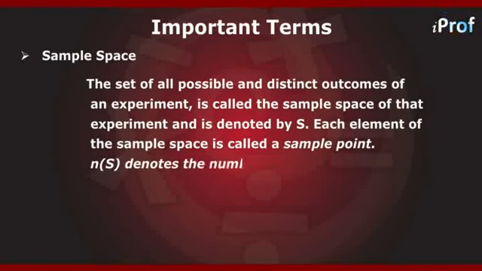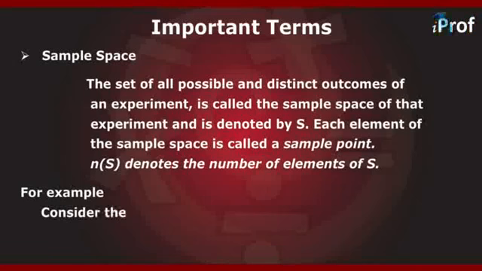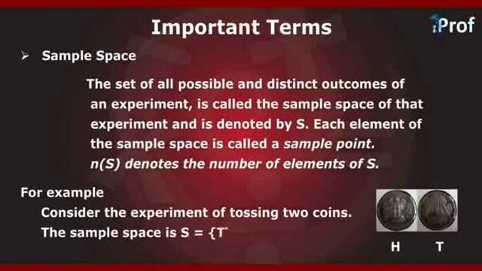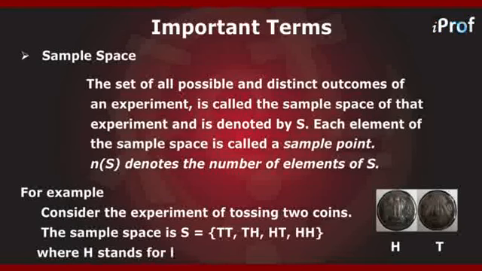N(S) denotes the number of elements of S. For example, consider the experiment of tossing 2 coins. The sample space is S = {TT, TH, HT, HH}, where H stands for head and T stands for tail. Therefore, N(S) is equal to 4.